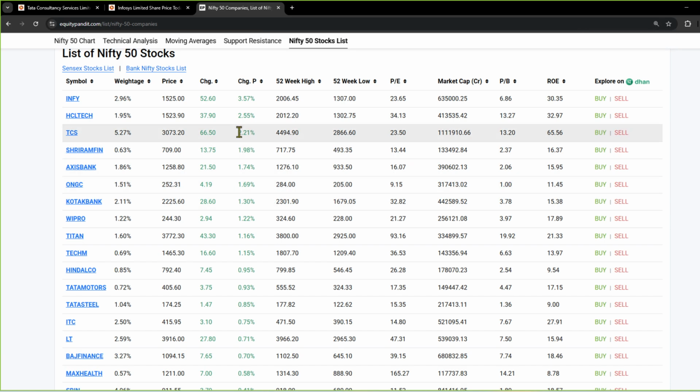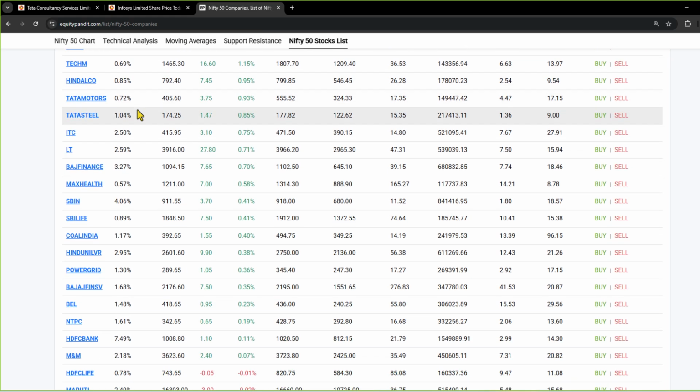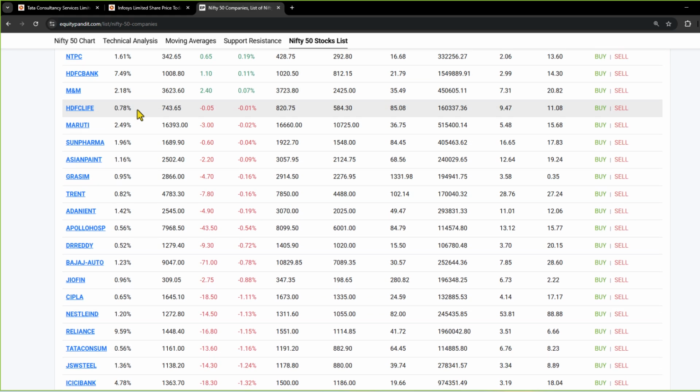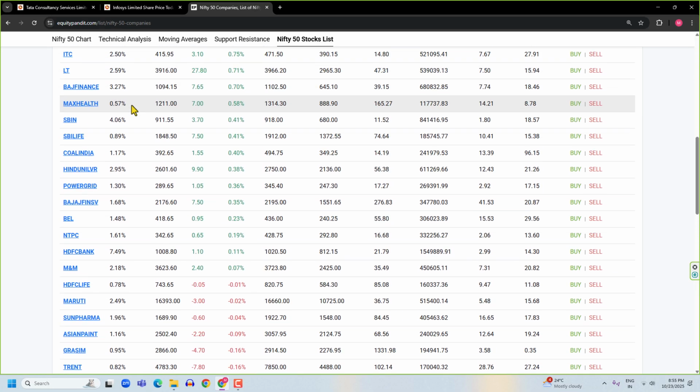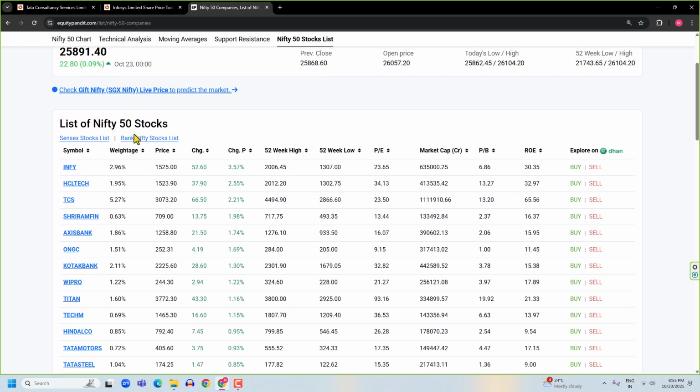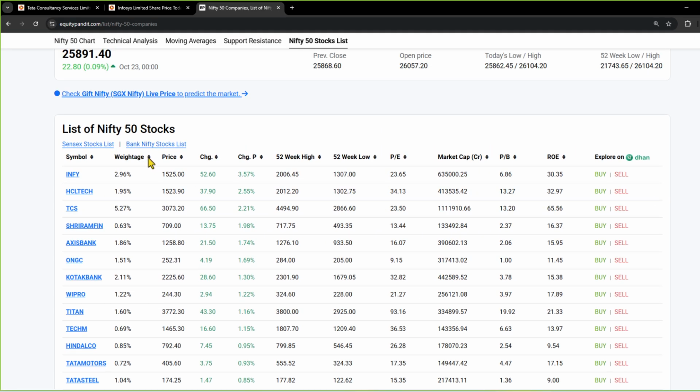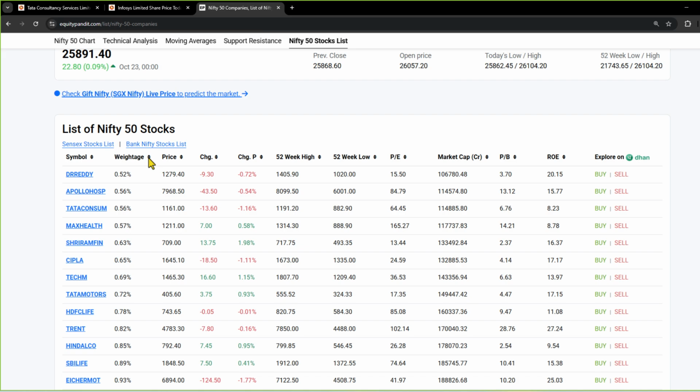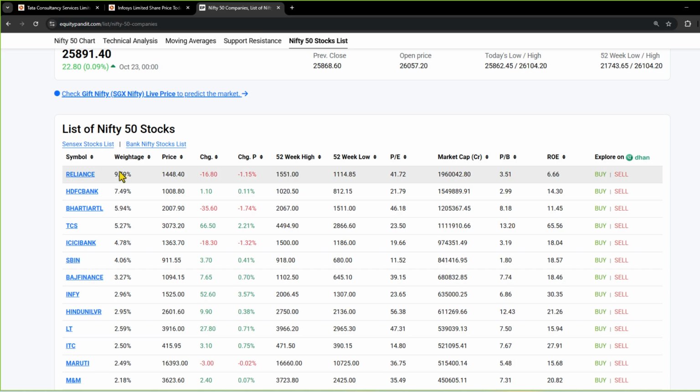Yes, okay. So here you can see all the companies that are in Nifty 50. Alright. Now I will click on this button here next to weightage, and I will click once again. Now this is arranged according to their weightage in Nifty 50.